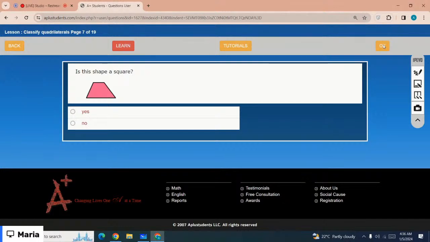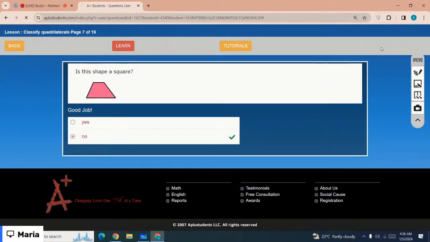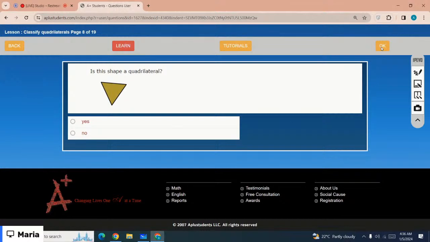Is this shape a square? Which is the correct option? No, this isn't a square. The correct option is no. Is this shape a quadrilateral?